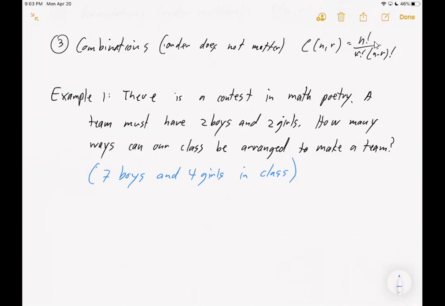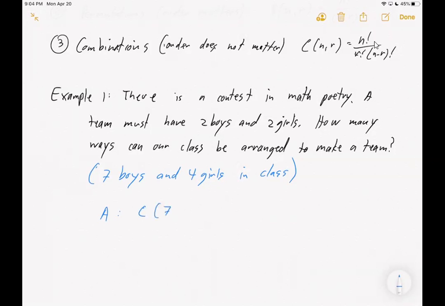Okay, but what we need to do here is actually look at this as 2 different events. Event A is that we're going to take 2 out of 7 boys. Now the order doesn't matter. It wouldn't matter if we pick Kevin and then Andrew, or Andrew then Kevin. If we drew people out of the hat, they would both be on the team either way. So this is a combination.